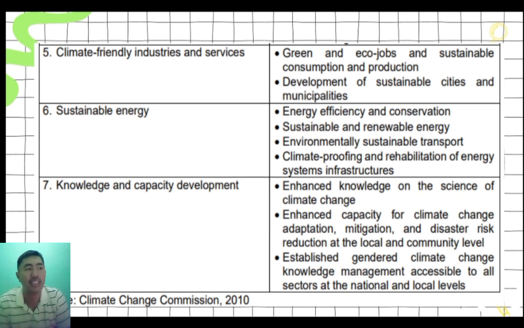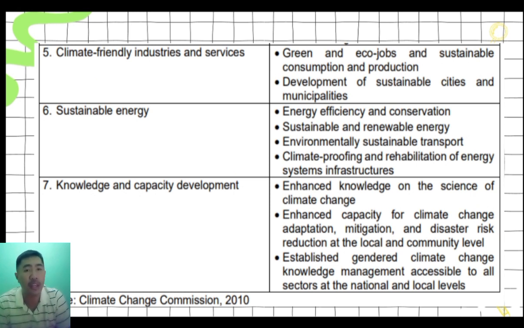And next is knowledge and capacity development. In outcomes: enhance knowledge on the science of climate change, enhance capacity for climate change adaptation, mitigation, and disaster risk reduction at the local and community level, and establish gendered climate change knowledge management accessible to all sectors at the national and local level.